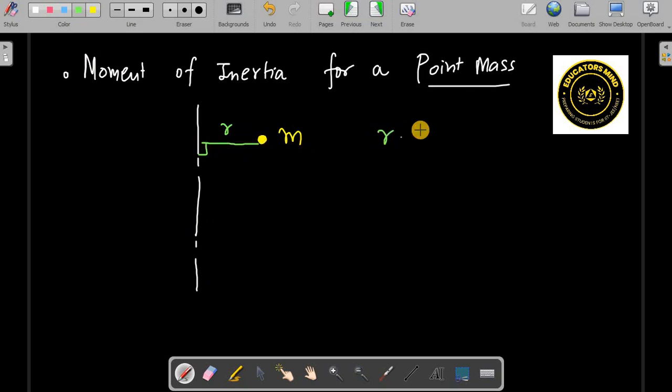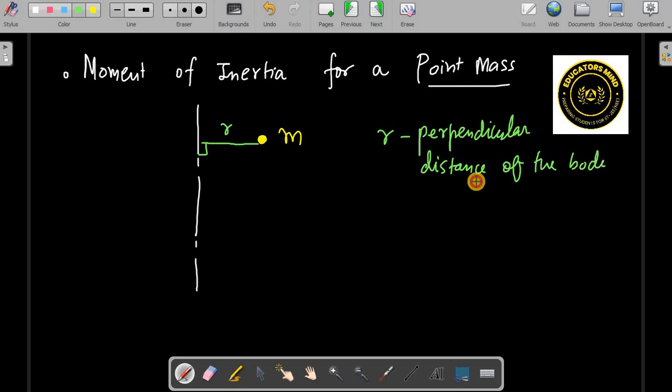What is r here? r is the perpendicular distance of the body from the axis of rotation.